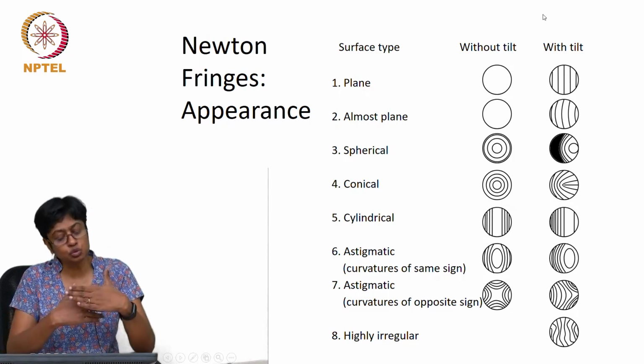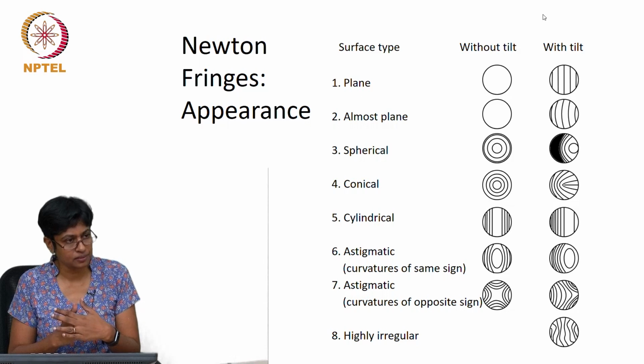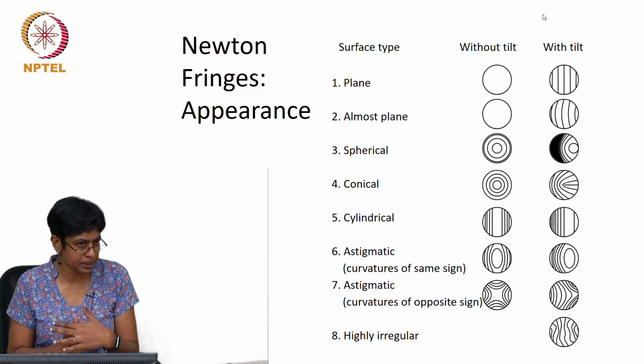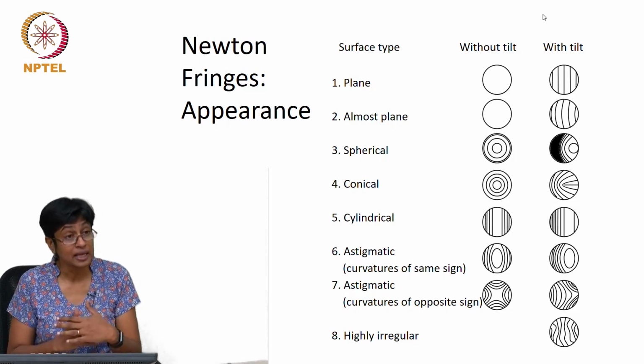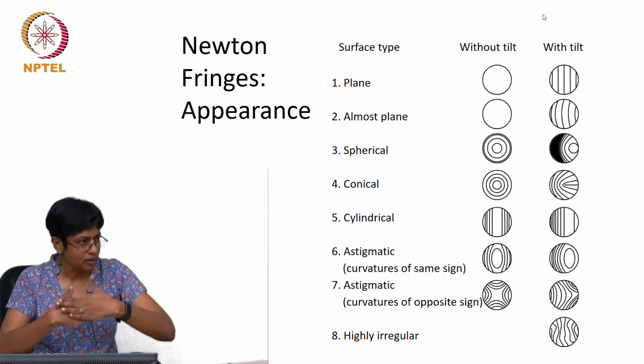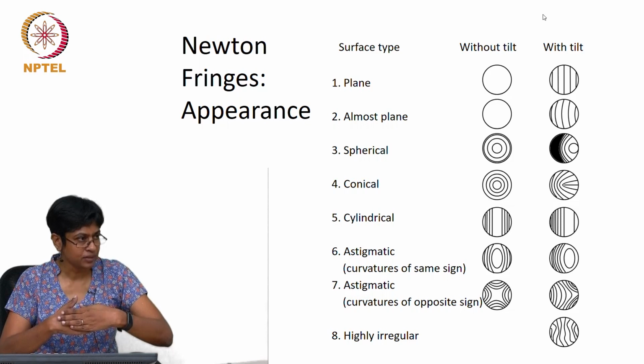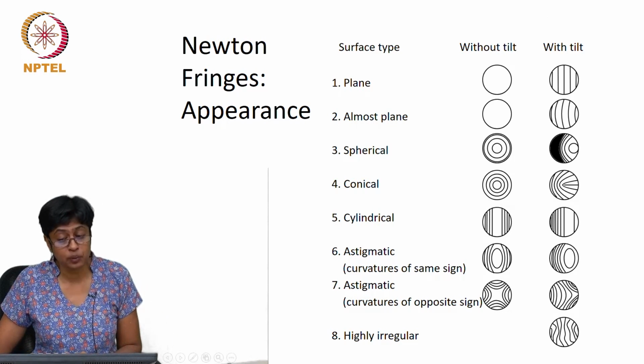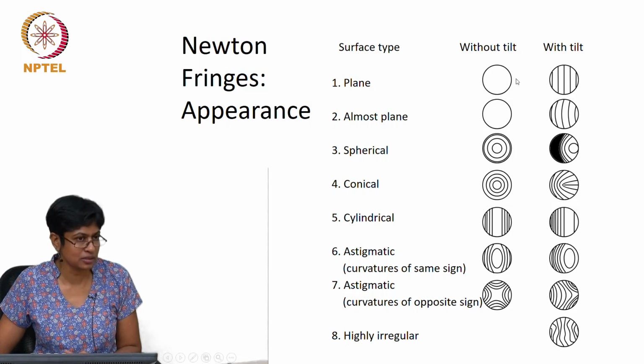Now, if the two beams that are interfering, the reference and the beam from the surface of interest, have no angular tilt between them, they're perfectly in line, in the case of the plane wave, we know that you're not going to see any fringes at all. We discussed this case with the Michelson.